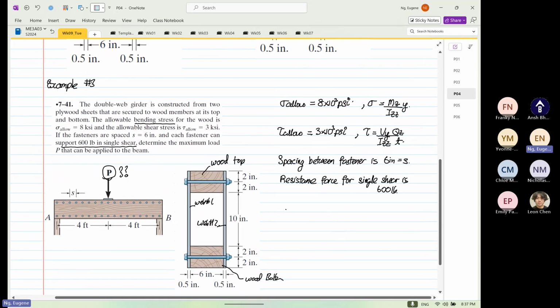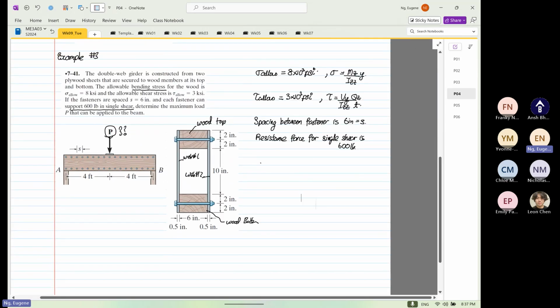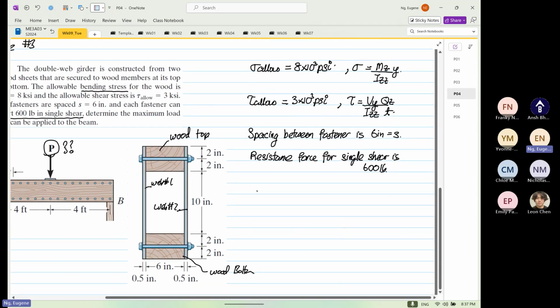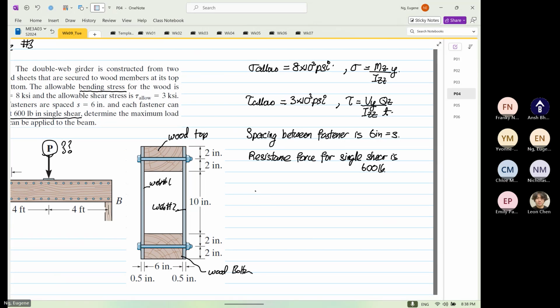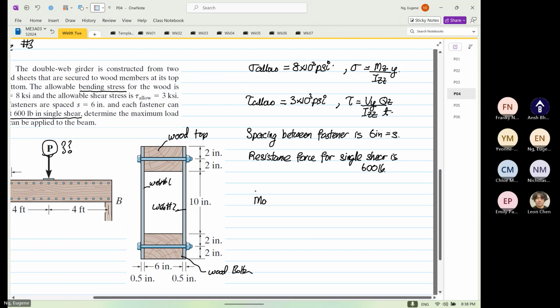By looking at the formula, the first thing we have to do is mode 1 failure, due to fastener.